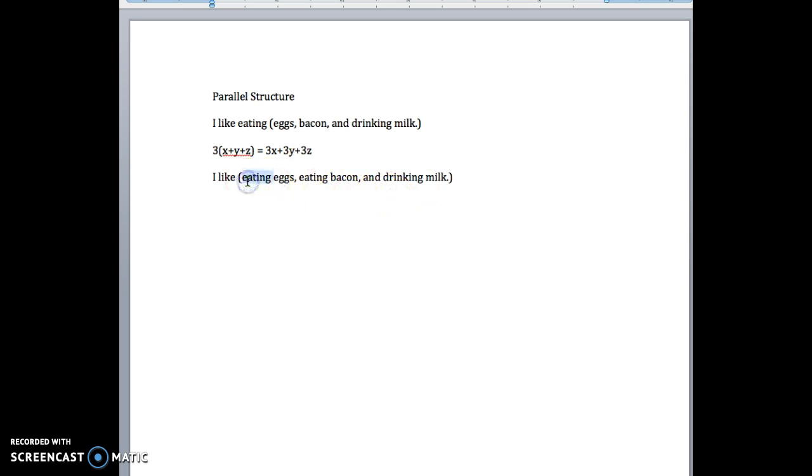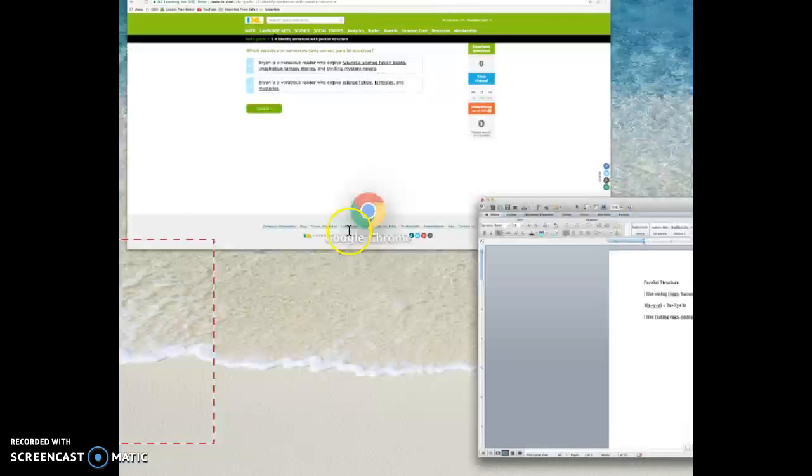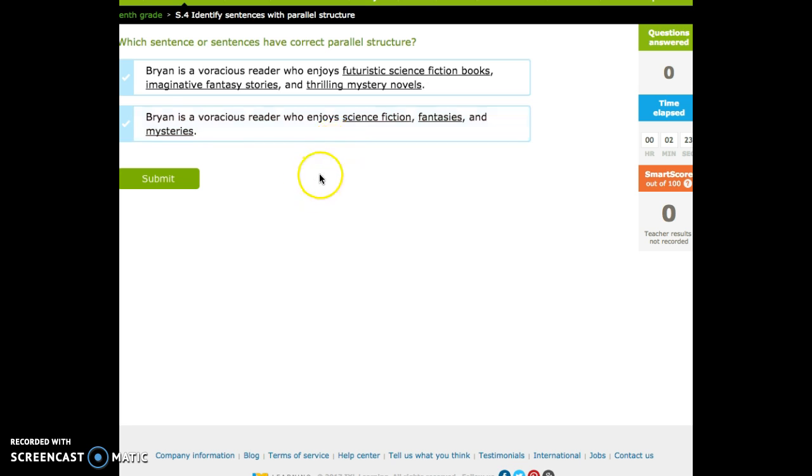And you may notice that eating, and drinking all end in ing. They're all the same part of speech, which is the other big rule with parallel structure, is that everything needs to be the same part of speech. The X, Y, and Z need to be the same part of speech. Otherwise, it doesn't work. Let's do a couple examples here, and hopefully this will make a little bit more sense.